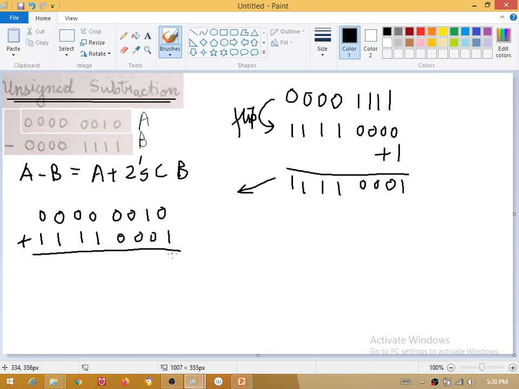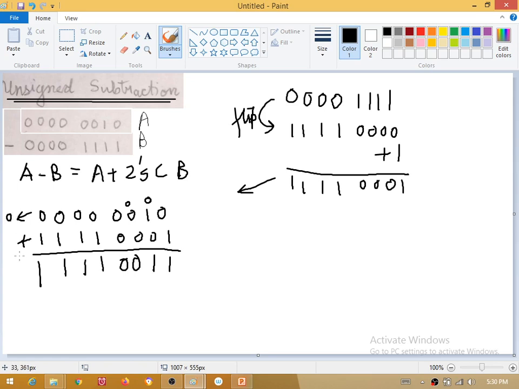Let's do the addition. You get a 0 0 here and a 1, you get a 0 and a 1 0 0 1 1 1 1. Is there a carry coming out of this place? No, there is no carry.